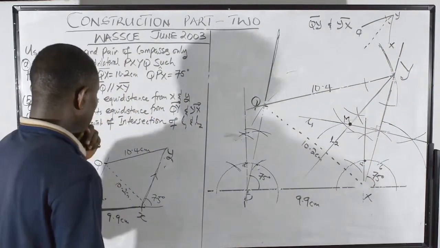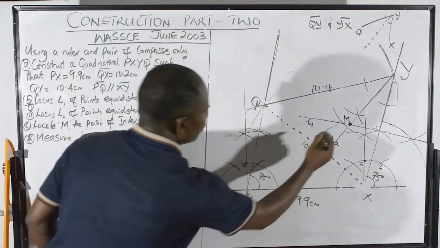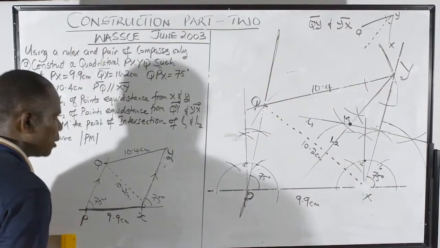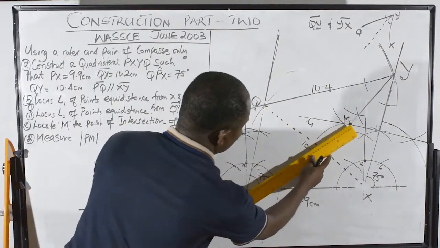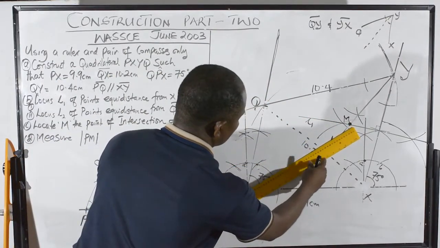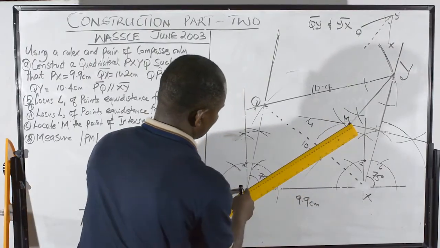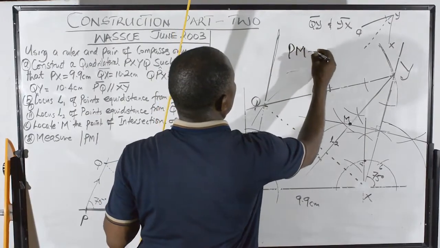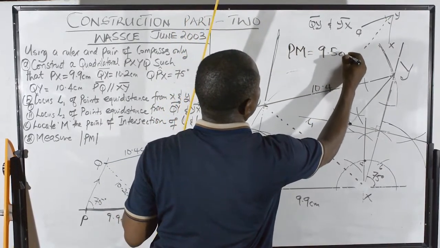Now it says measure PM. So I'm measuring from here to here. So it's PM. You take your ruler, you follow up, you measure from that point to that point. PM must be equal to 9.5 centimeters.